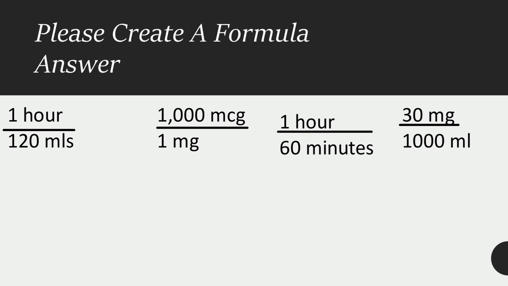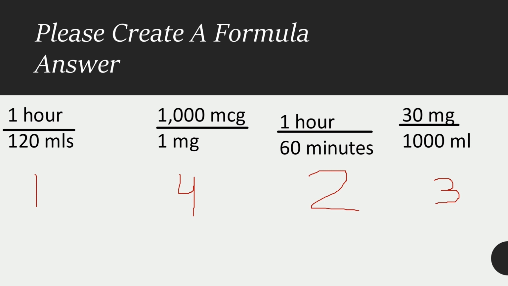Okay, so I got my milliliters per hour, right? And so I can figure out, hey, look, this is how many milliliters I got per minute. And now that I got this, I need to know how many milligrams I got in there. So this is going to give me milligrams per minute. And now that I have my milligrams per minute, I can convert that into micrograms, right?